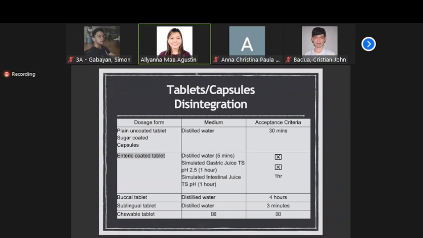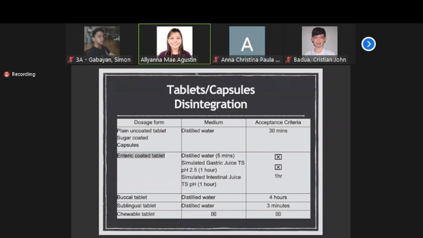So, for example, sobrang irritating ng drug sa stomach or nasisira ang drug ng acidity ng stomach. So, vice versa. To protect the drug from the stomach or to protect the stomach from the drug. So, ang ginagawa ng enteric coating, prino-protect siya from the gastric juice, tapos sa intestine na mag-disintegrate.